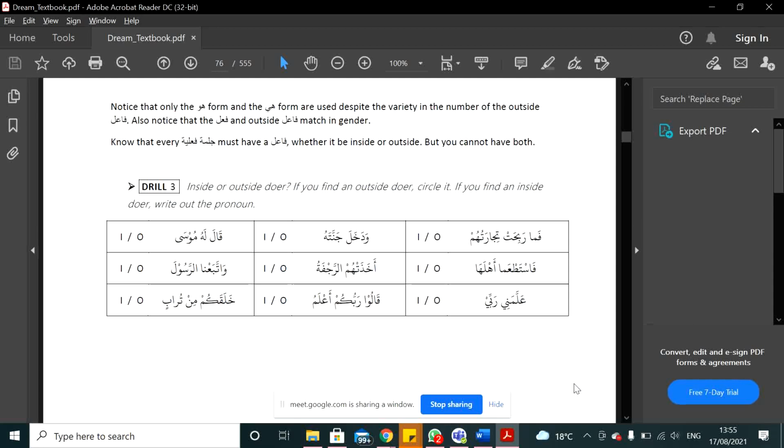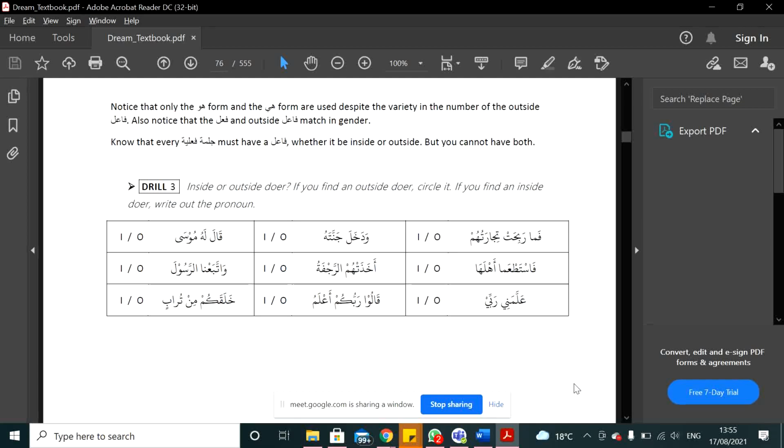What is the fourth and last condition that we need to check? It has to be after the fi'l. After the fi'l is done, right? Which is the last one? What do we have to match with the fi'l? The gender. Okay, so the gender for both of them.